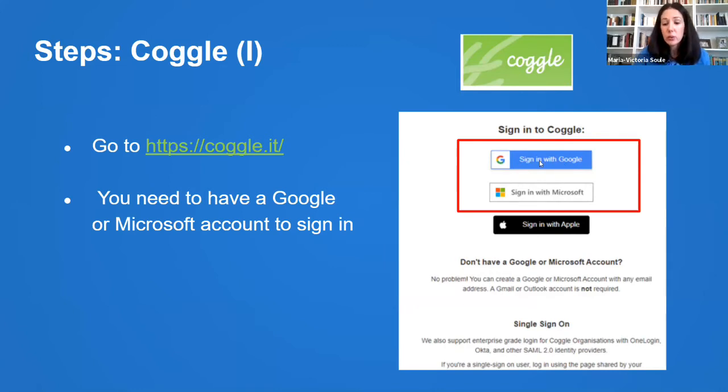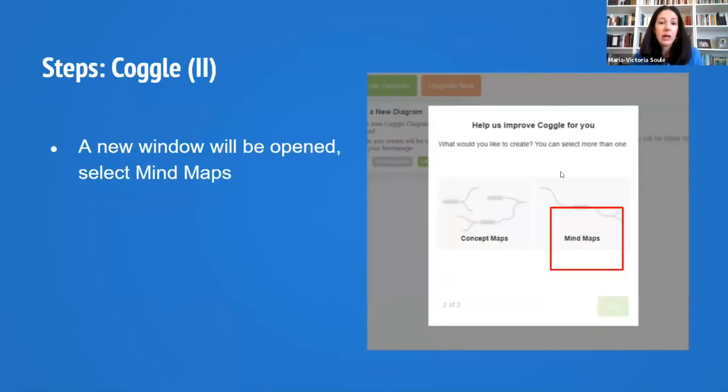And once you have signed in, a new window will be opened, and Coggle will ask you to select one of these two options, either concept maps or mind maps. Okay, and for today's activity, you should select mind maps.